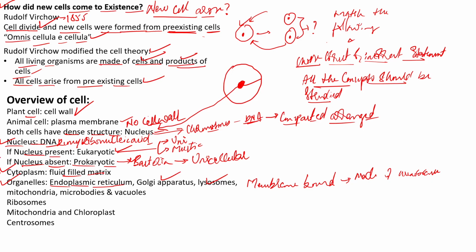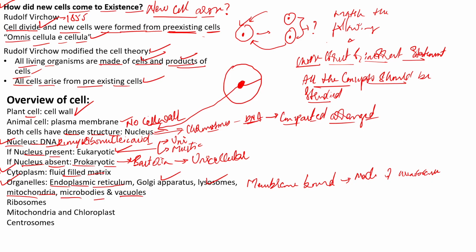We have also heard of another organelle, the mitochondria, that is the powerhouse of the cells. The next are the microbodies, and one more is the vacuoles, small bubble-like, cavity-like structures present inside the cells.